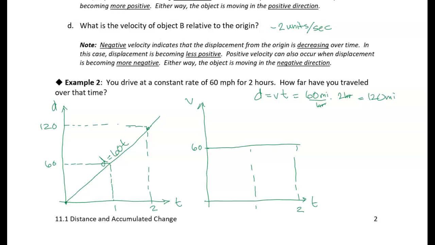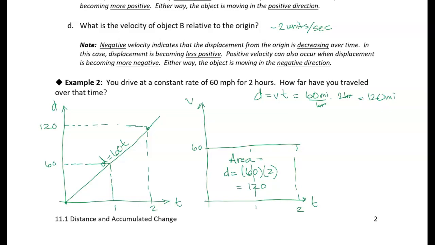Notice that the displacement, I keep saying distance, but this is displacement, the area under this curve is a 60 by 2 rectangle, right? And that is the same as our distance. So we have a 60 by 2 rectangle, which is 120, right? 60 times 2.